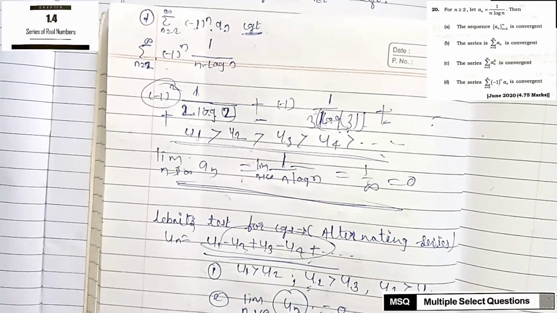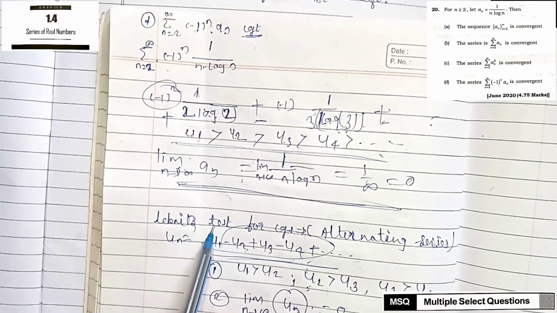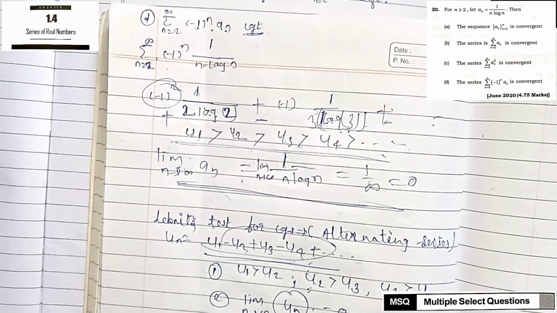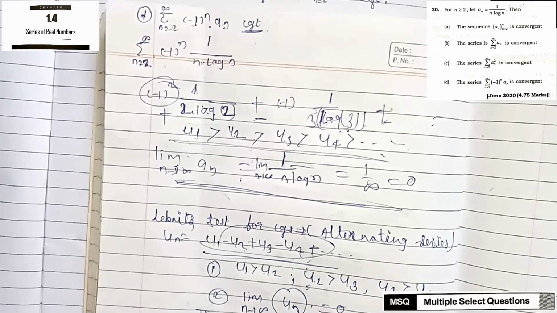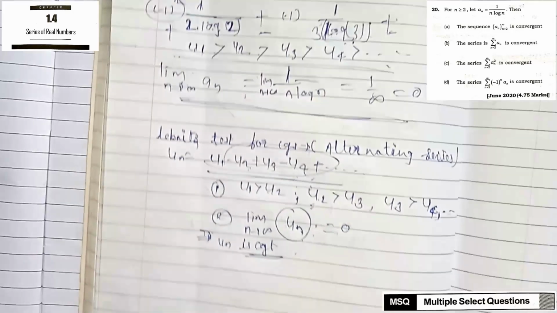When these two conditions hold, the Leibniz test for alternating series gives that un is convergent.